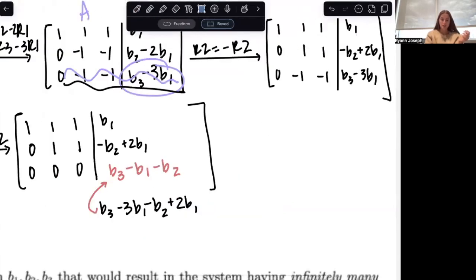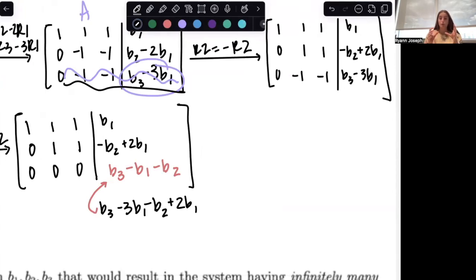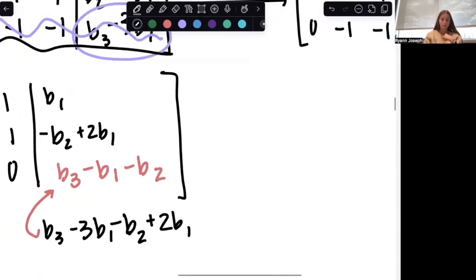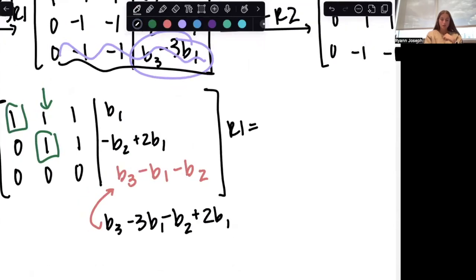The last things I need to do to make this into an entirely reduced or echelon form is I want to have those leading ones where they need to go, and for those pivot variables, they need to be by themselves. So in this case, this is a pivot variable and this is a pivot variable. So that means that this must go away. This must be a 0 at least. So I'm going to do row 1 is equal to row 1 minus row 2, because that's going to get rid of that 1.